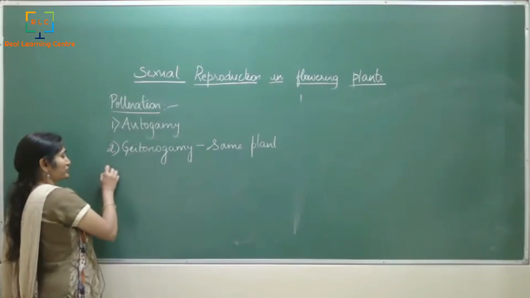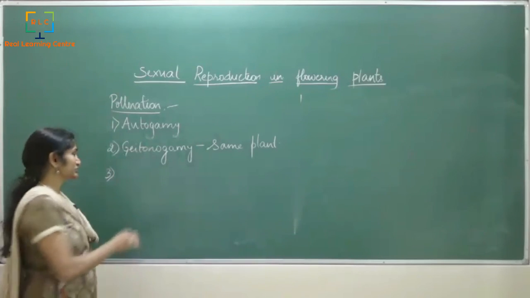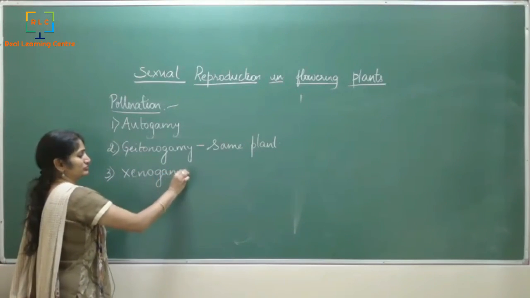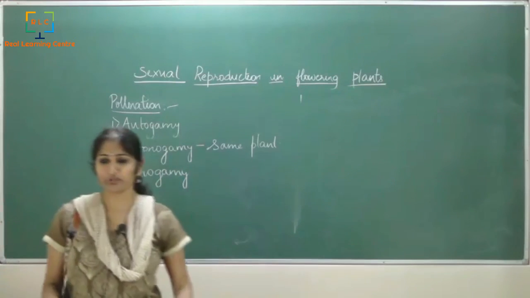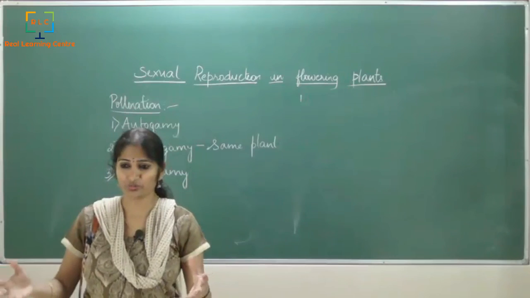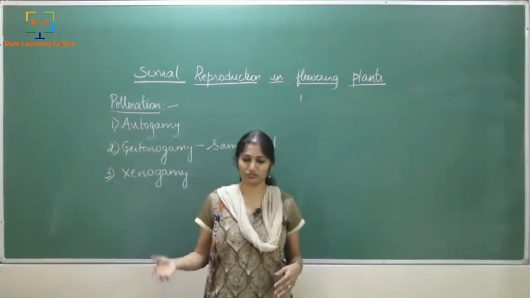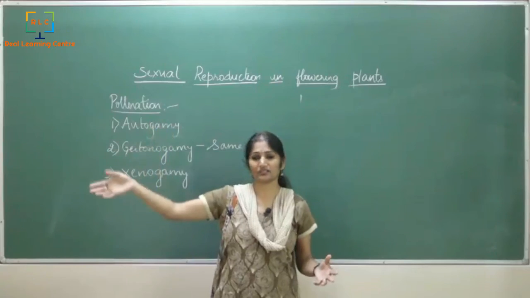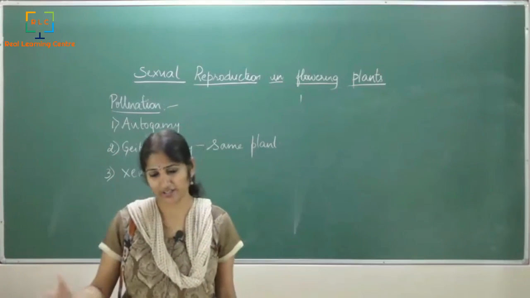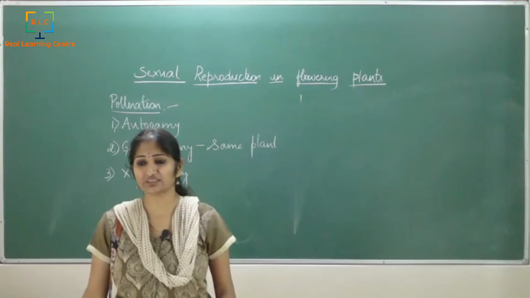And then we have the third type of pollination, which we call xenogamy. Now xenogamy is completely different. You know what is a xenograft? Xeno means completely different. So one flower from one plant, another flower from another plant. So there is cross pollination, and again help of a pollinating agent is required. That is what we call xenogamy.